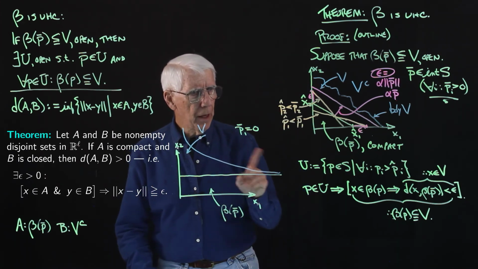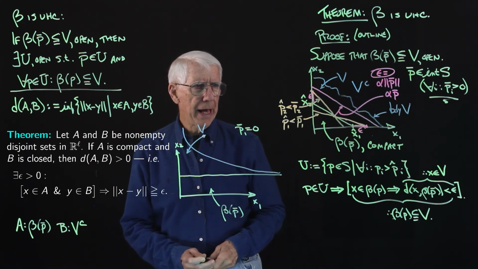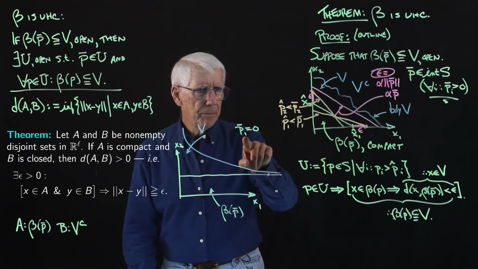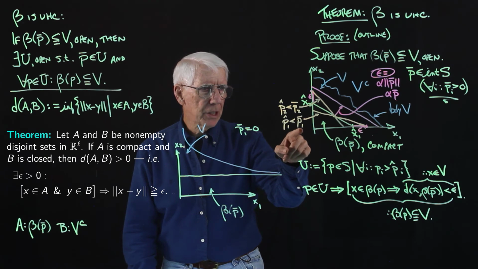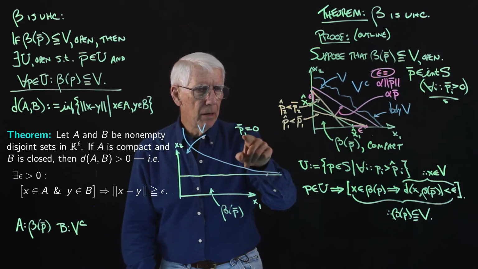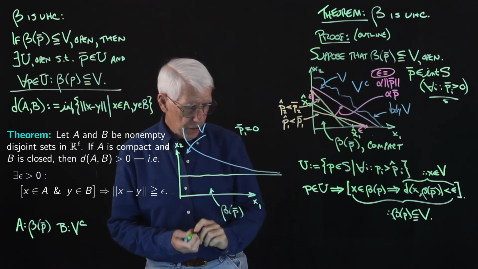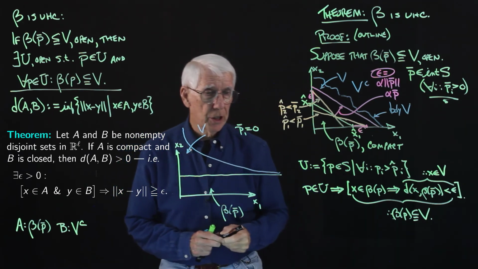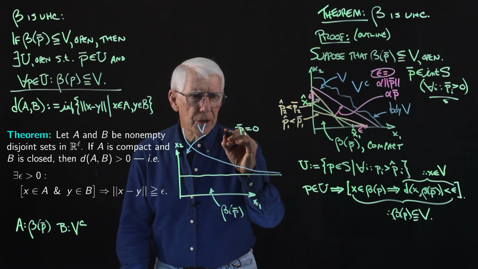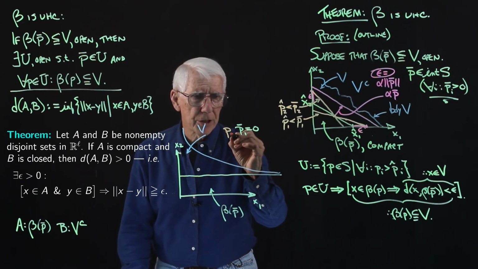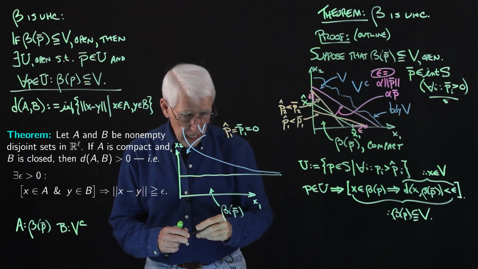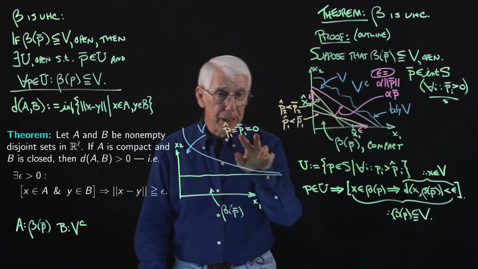Let's note one other issue, and that is that we can't define our P1 hat to be something that's less than P1 bar, because P1 bar is already 0. So what we'll do is, and I'll use this orange color again, for the prices that are 0, we'll define the Pi hat to be 0.